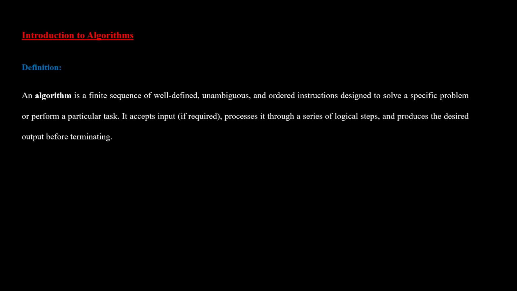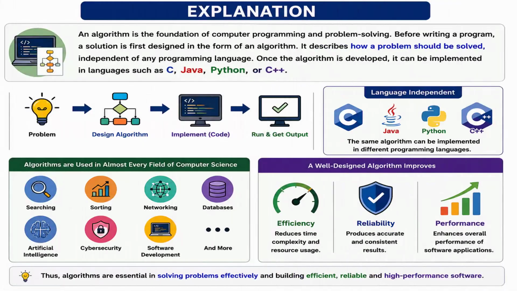The algorithm will process it based on logical steps and produce the desired output. After producing the desired output, the algorithm terminates. So this is the explanation of an algorithm.